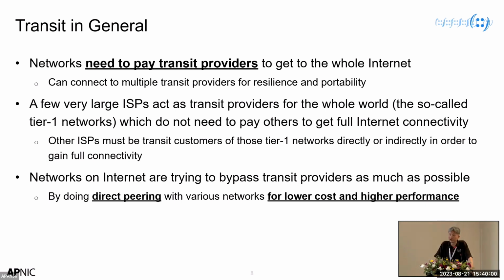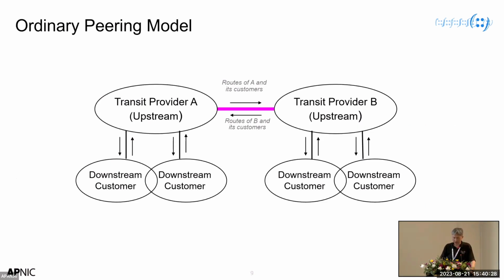If you want to connect to certain networks, but your ISP cannot get connectivity to them with very high performance, you may consider doing direct interconnection with those networks. In fact, we can call it direct peering. With that, you may be able to get better connectivity with lower cost and high performance.